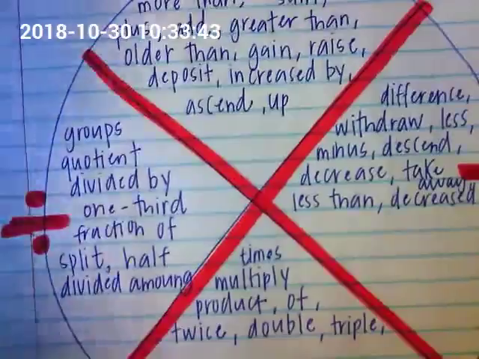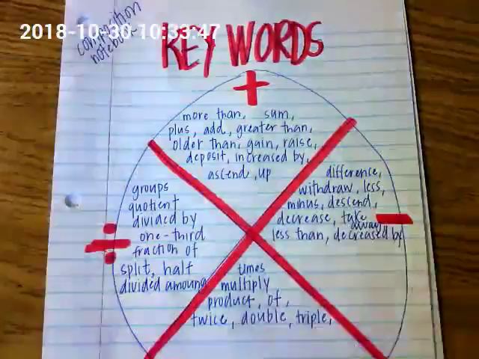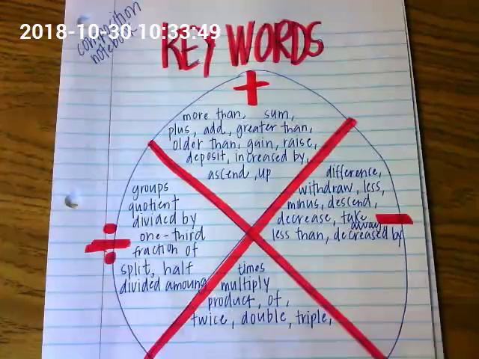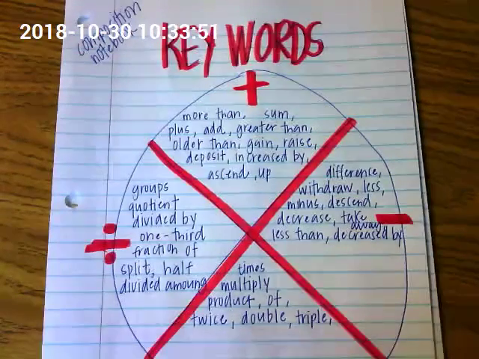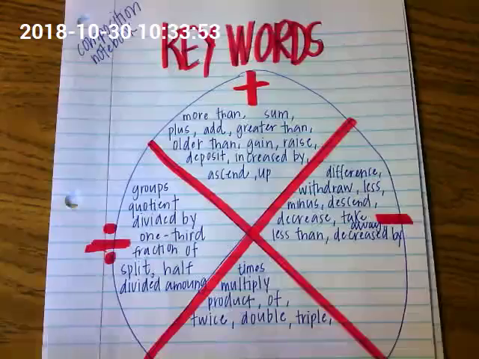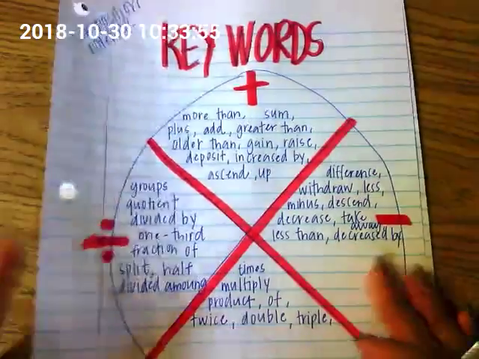So now we're going to go on to using our list. Let's think of some different situations where we have to write an expression. So I'm going to give you a short little expression to write, and then we're going to make an equation or an expression.